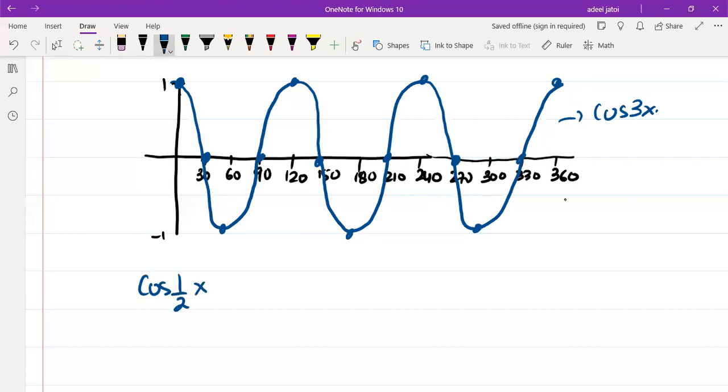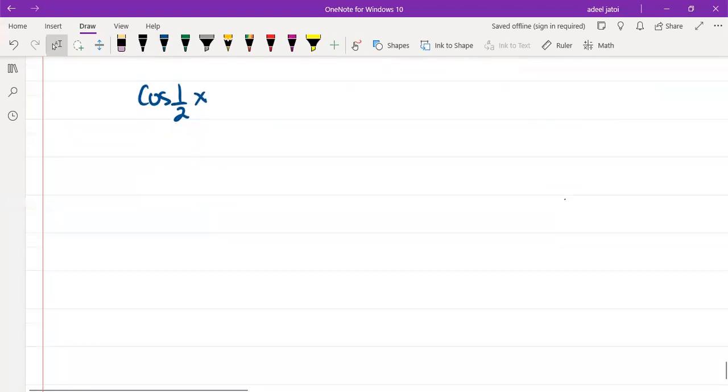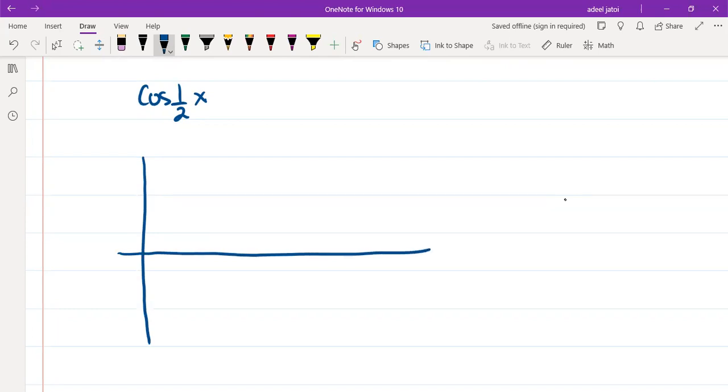Similarly, if the question would have directly told me cos half x, right? What does cos half x mean? Cos half x means that each value will be multiplied by 2. So the 90 value will come down at 180, and 180 will come at 360.